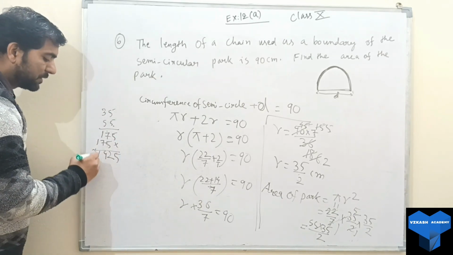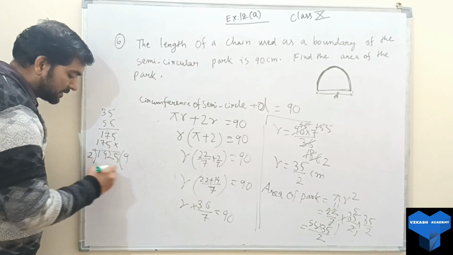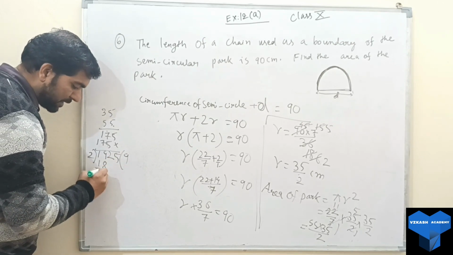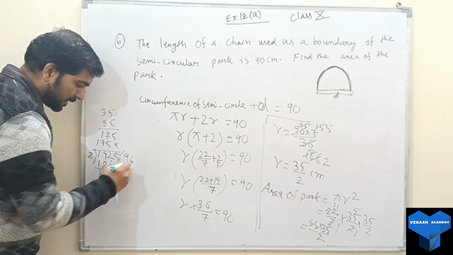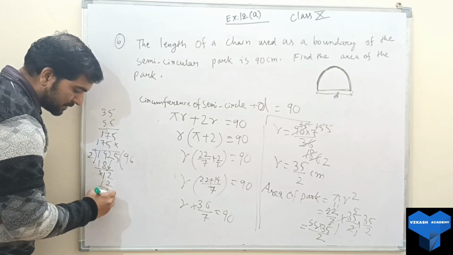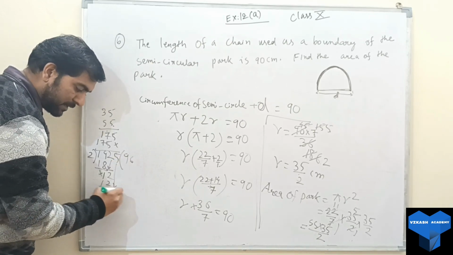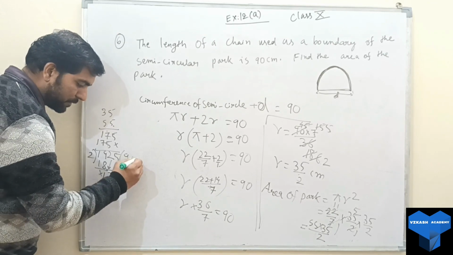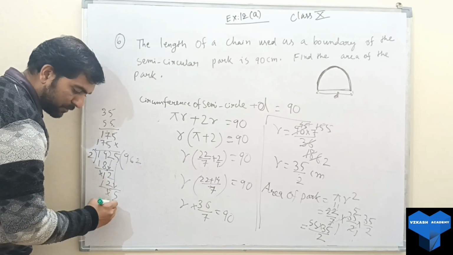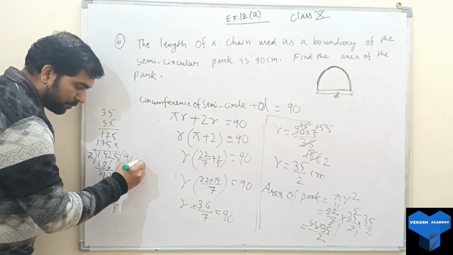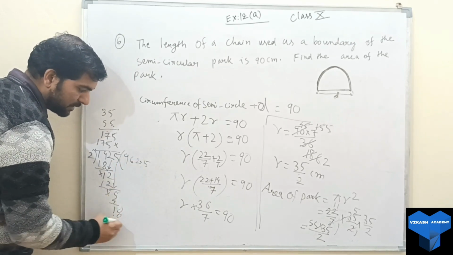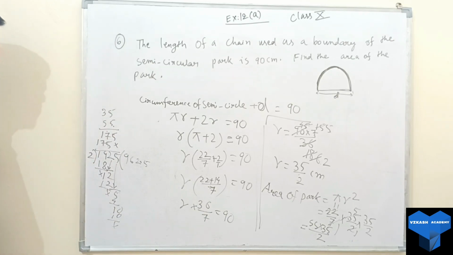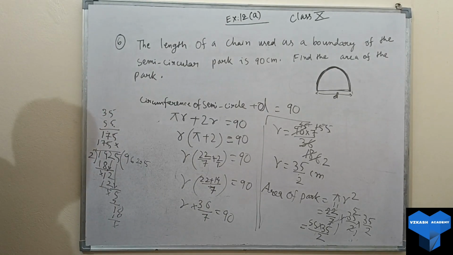If you divide by 2, you will get 2 nines are 18, here it will be 1, then this 2 will come here, 2 sixes are 12, then 5 will come here, 2 twos are 4, then point, you will get 0, 2 fives are 10. So we got this answer, 962.5.